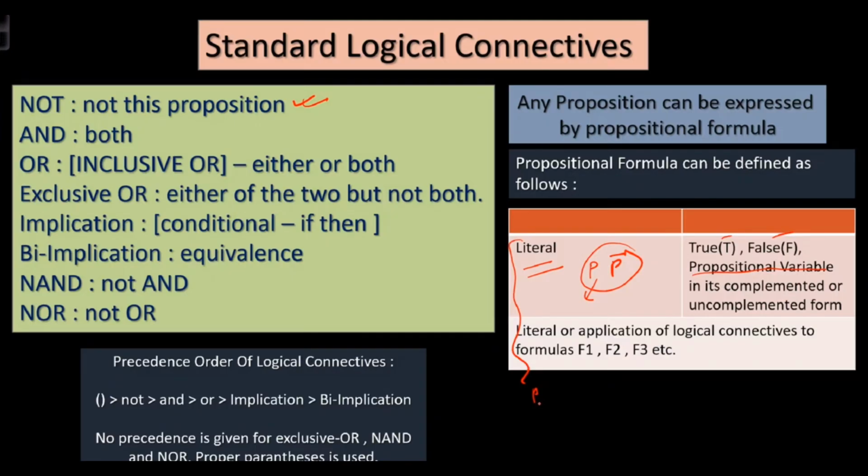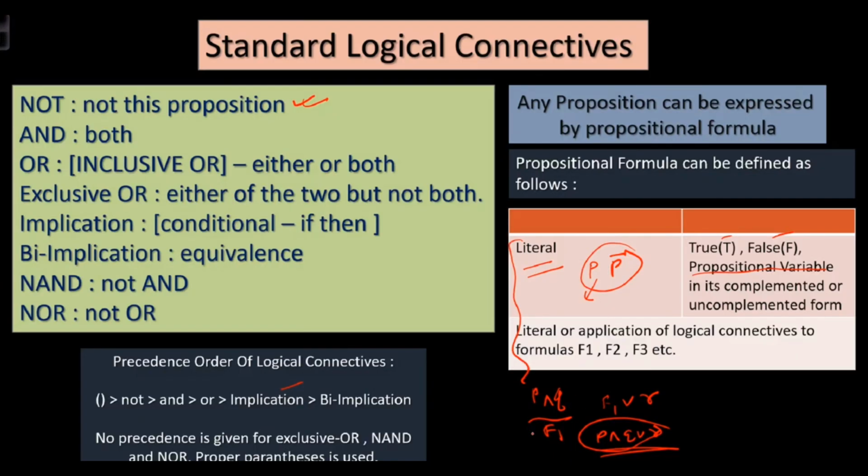For example, you take P and Q and make P and Q. This is F1, and then you can do F1 or R, which is another propositional formula. So P and Q or R is this type of expression, and the concept of precedence and associativity comes up whenever there is an expression.